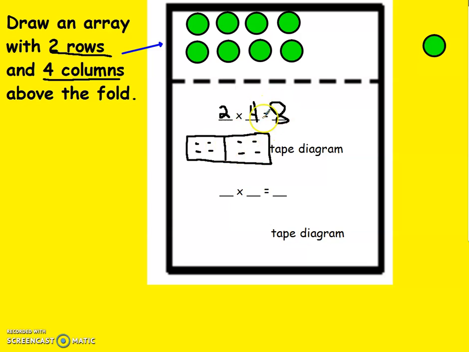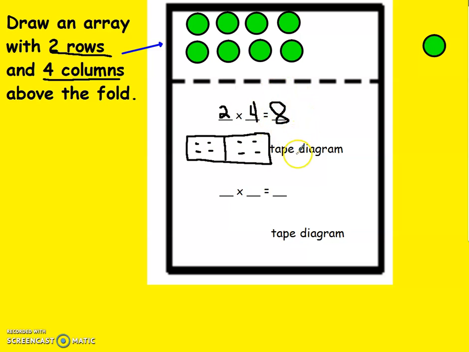And this is 2 groups of 4. So let's count it to make sure it all adds up to 8. 1, 2, 3, 4, 5, 6, 7, 8. So this tape diagram shows 2 groups with 4 in each group, and it adds up to 8. That's how our tape diagram is going to look.